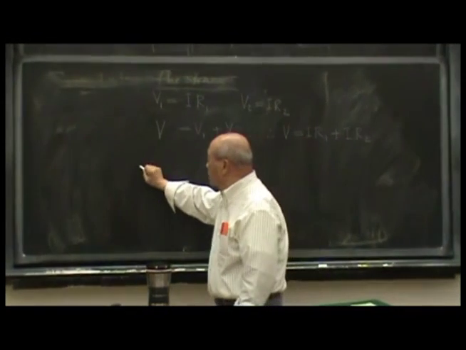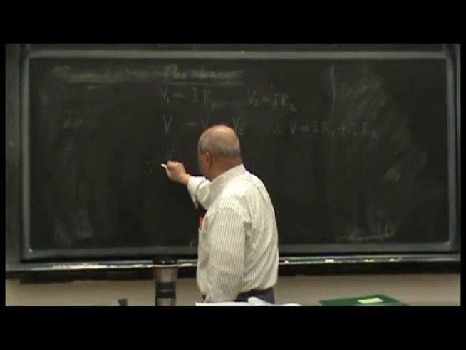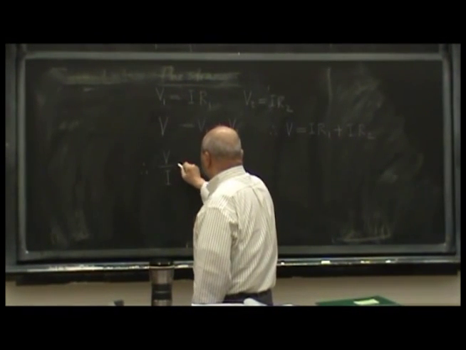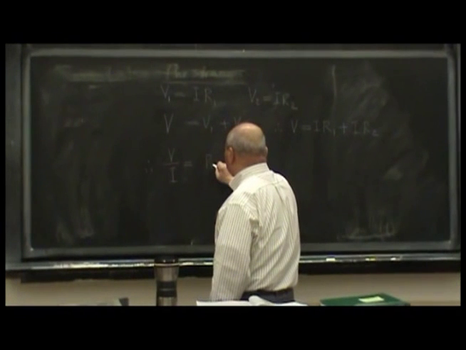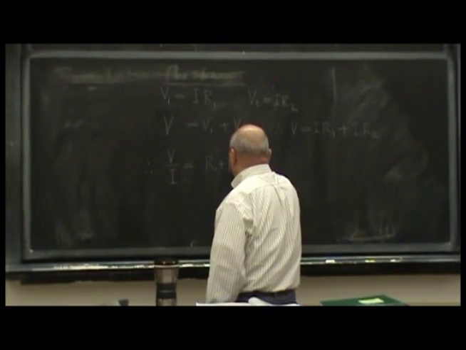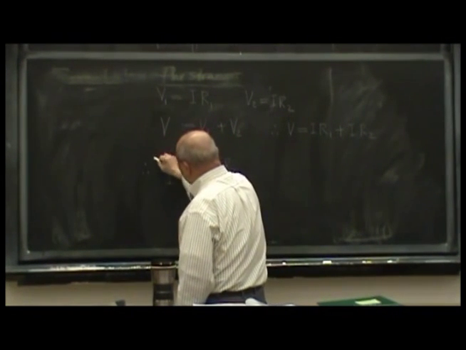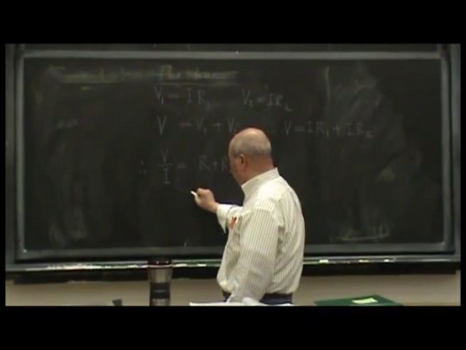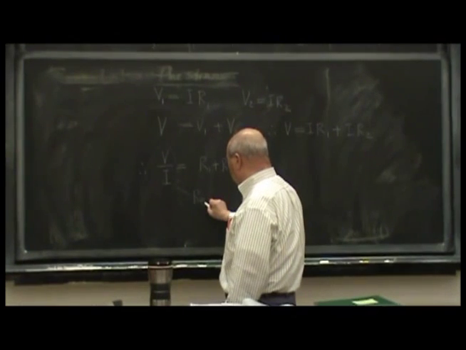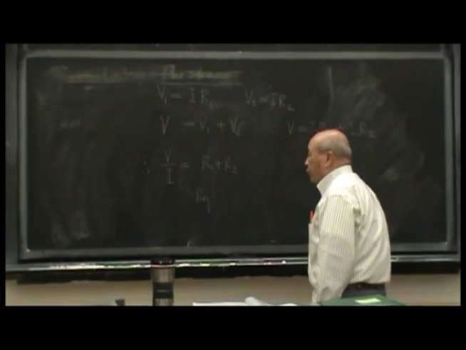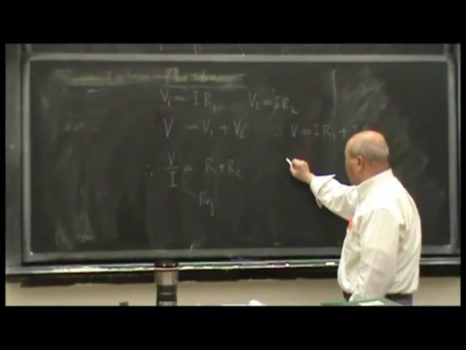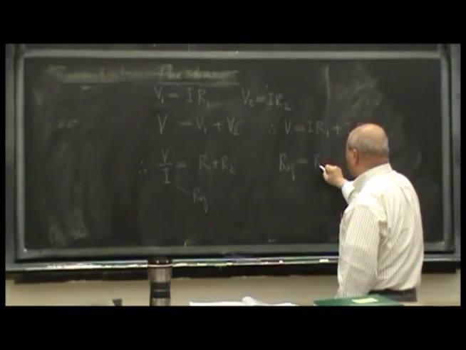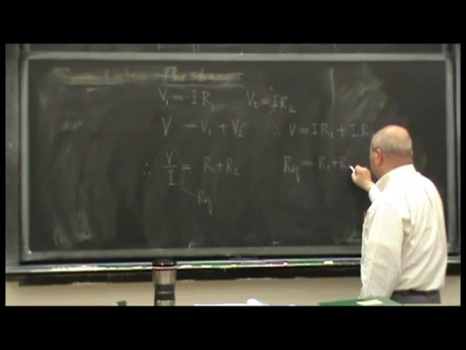In that case, the voltage divided by current equals R1 plus R2. So we define V divided by I as R equivalent. So R equivalent is equal to R1 plus R2.